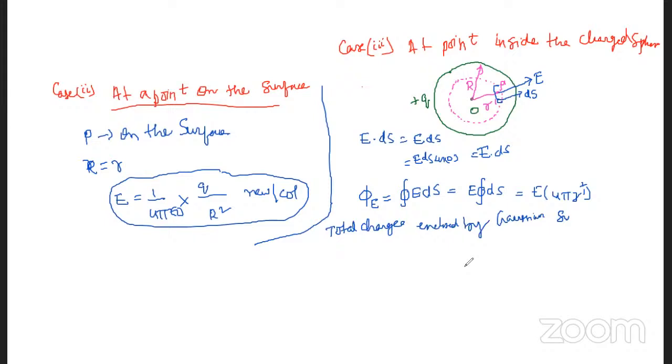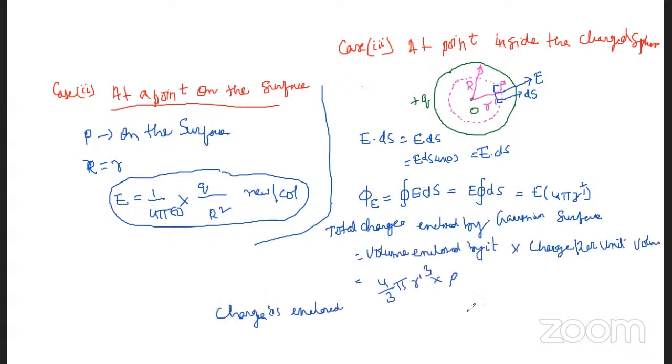Now a charge q is uniformly distributed over a sphere of radius capital R. So rho is nothing but the total charge by the total volume.